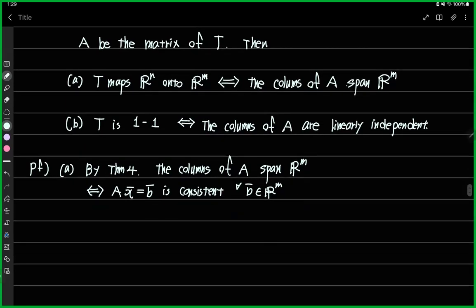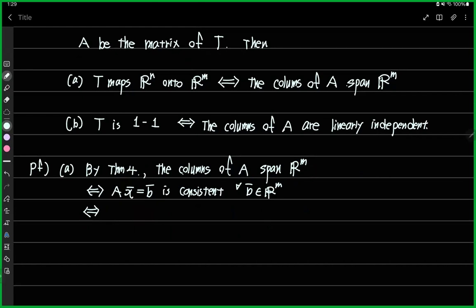This means the matrix equation has at least one solution for each b. Think about this: if the columns of matrix A span Rm, then by Theorem 4 the matrix equation is consistent for every column vector b.